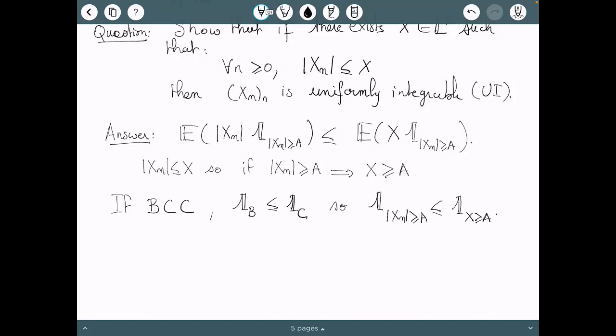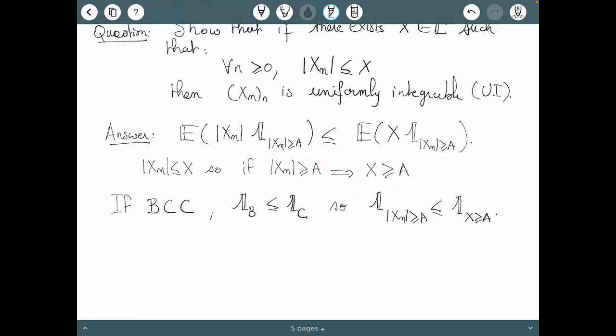It is what you expressed previously, because of this property. If you have an event which is included in some other event, the indicator function of the event B is less or equal to the indicator function of the event C. So the omega for which xn of omega in absolute value is bigger than a is included in the set of the omega for which x of omega is bigger or equal to a. It's the reason for which you have this inequality here.